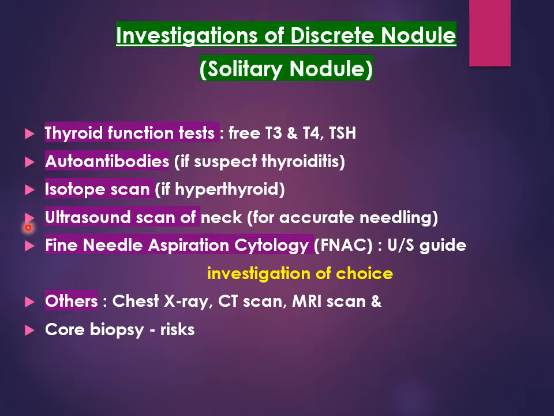Ultrasound scan of the neck; fine needle aspiration cytology is the investigation of choice under ultrasound guidance. Others will be a chest X-ray, CT scan of the neck and chest, MRI, and core biopsy.